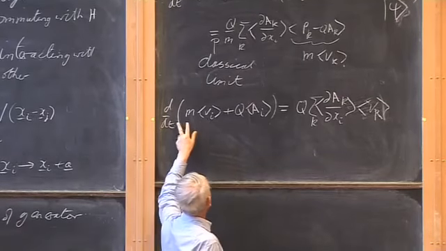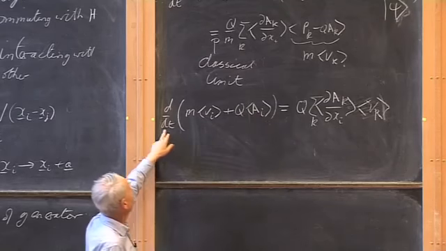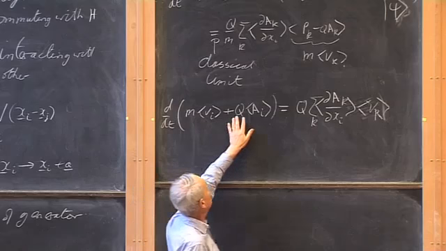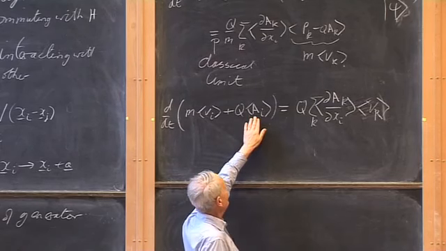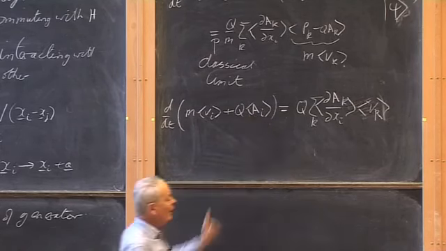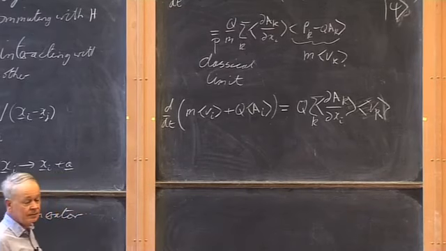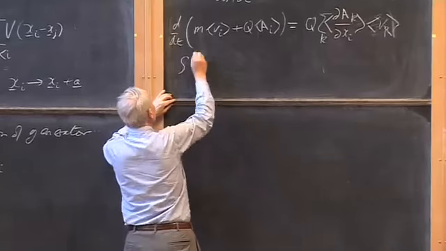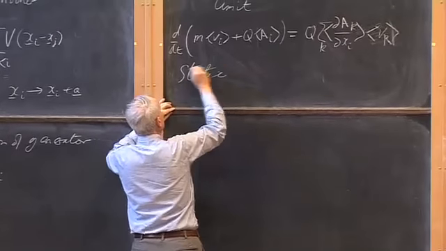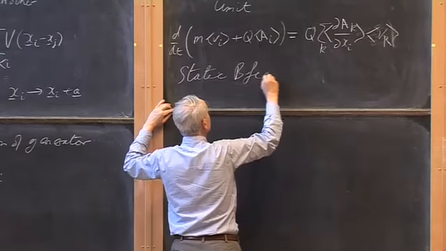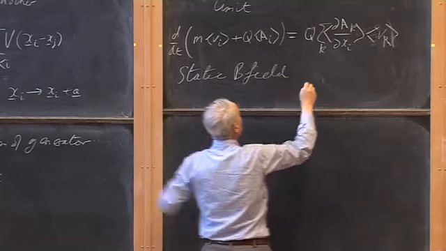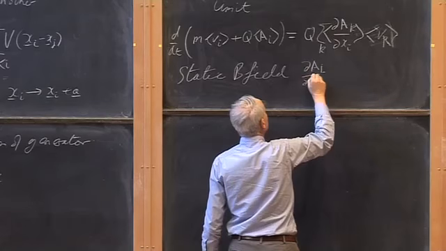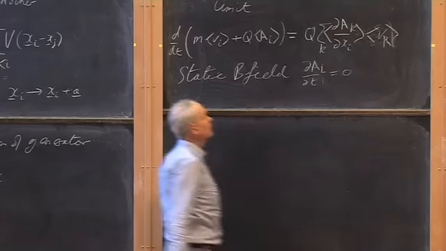So what we have on the left here is the rate of change of, obviously, the velocity and the vector potential evaluated at the location of the particle, not just anywhere else, but at the location of the particle. So suppose we have a static B field. That means that the partial derivative of A with respect to time can be taken to vanish.